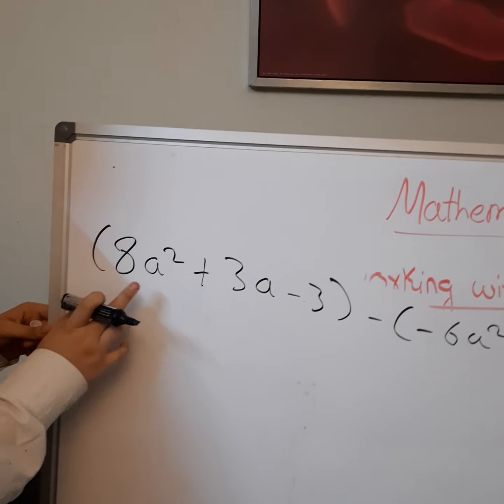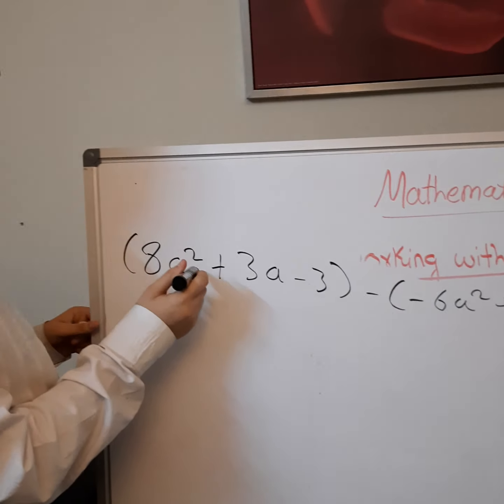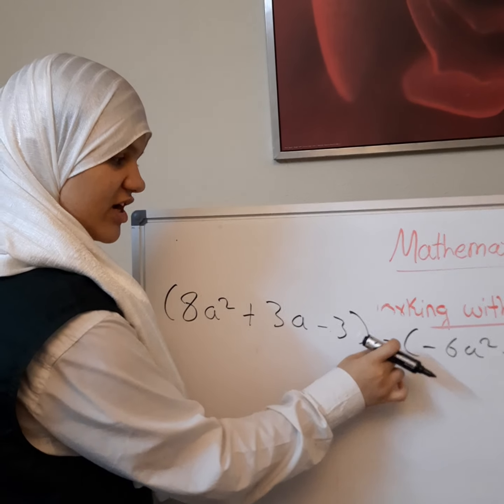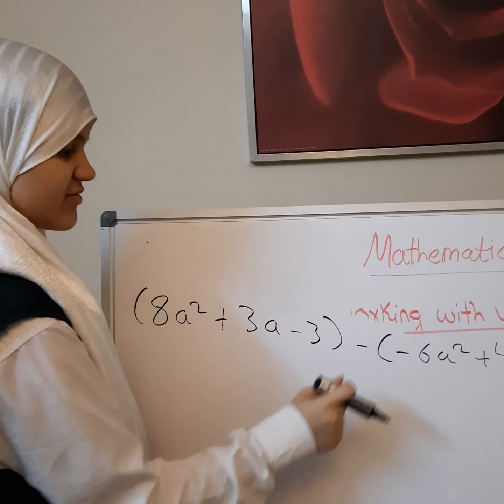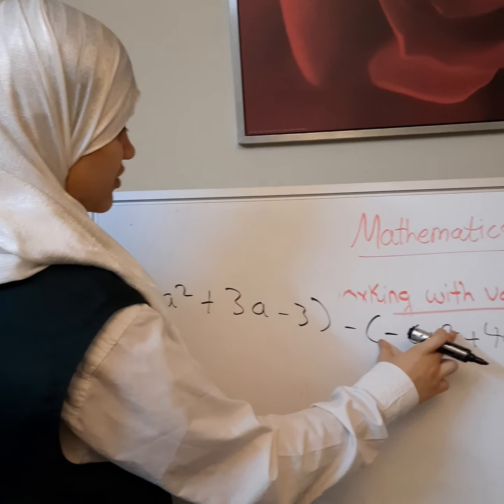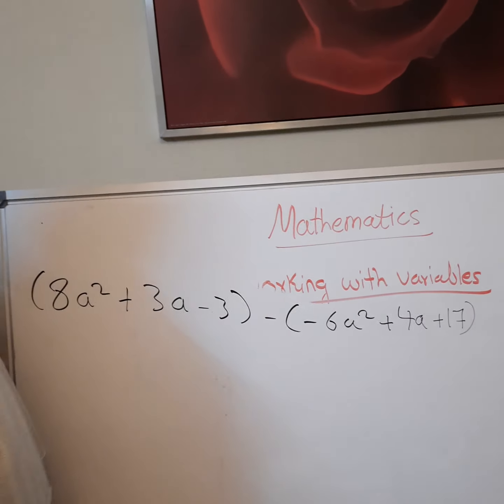Okay? We have here 8a squared plus 3a minus 3. Here we have in between the brackets negative. And inside the bracket, 6a squared plus 4a plus 17.